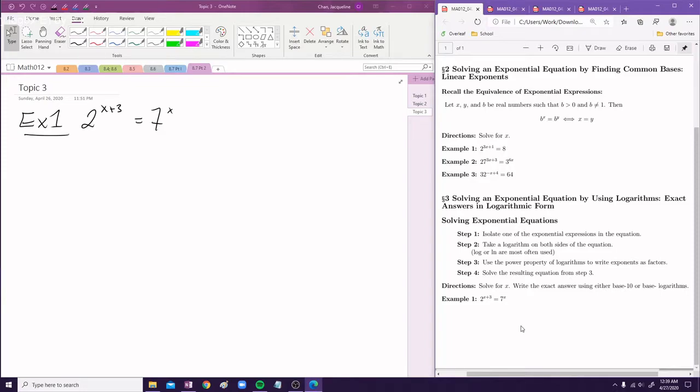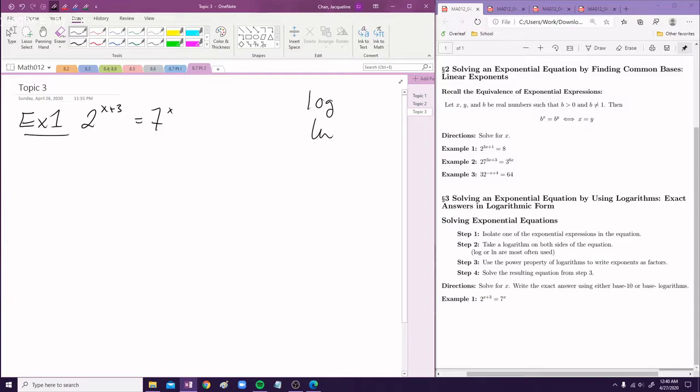Our directions say solve for x, and then write the exact answer using either base 10 or base e logarithms. So you can do whatever you want. You can choose to use log or you can use natural log. I like natural log because it's less letters.